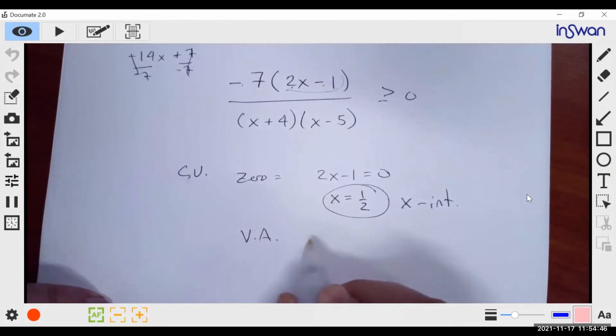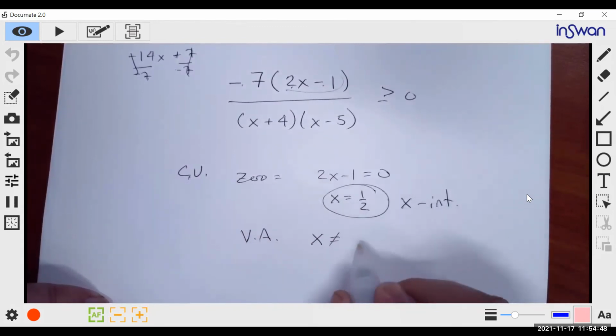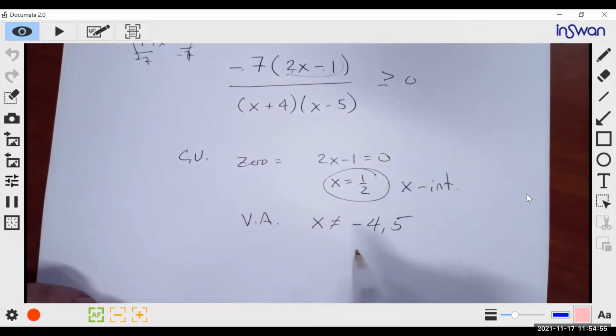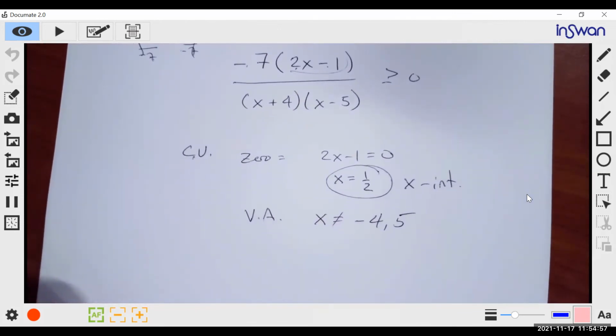The vertical asymptotes are at -4 and 5, so x cannot equal those. Those are vertical asymptotes. What's my horizontal asymptote?